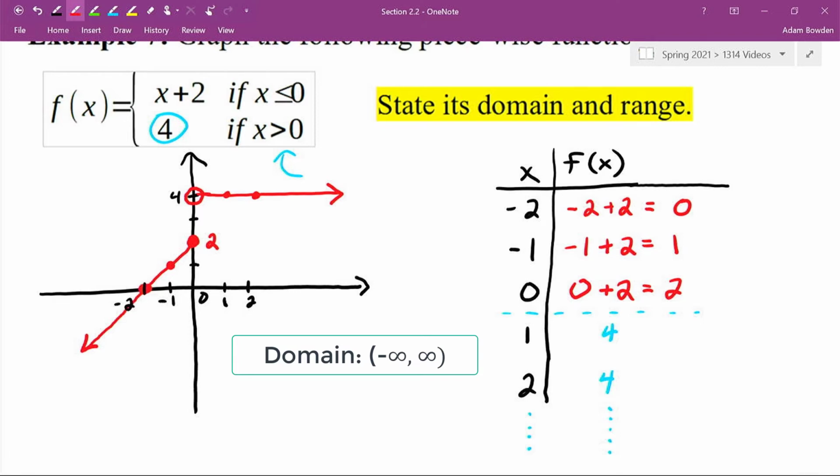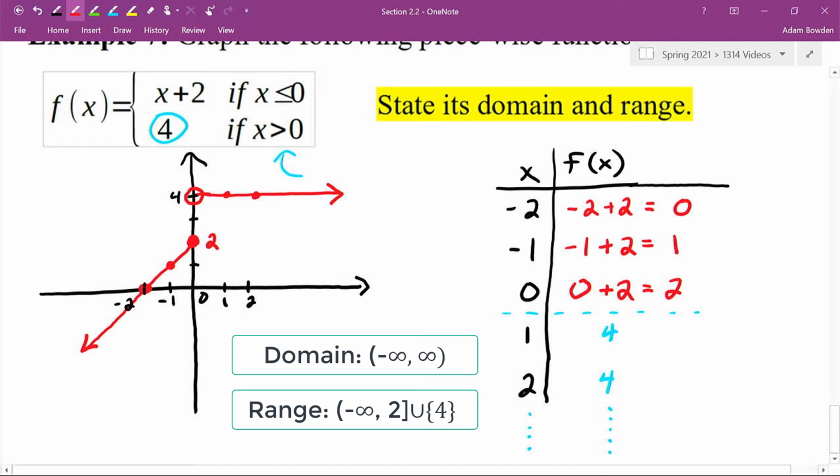And so the range would cover everything from -infinity up to 2, including the number 2. But then it's going to jump up to just the number 4 up at the top. So the way we write this for the range is we write the interval from -infinity up to 2 and close it with a bracket. And then we write this U sign in the middle for union with the number 4.